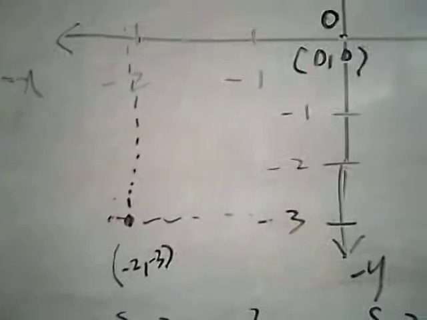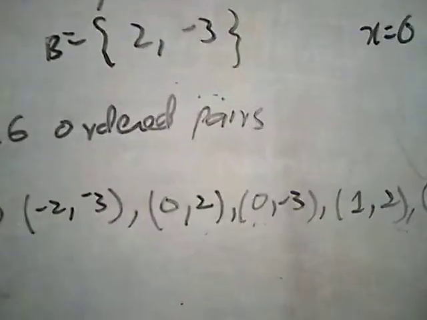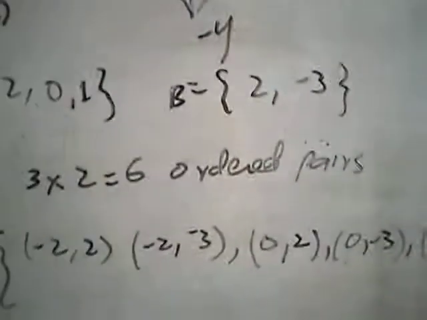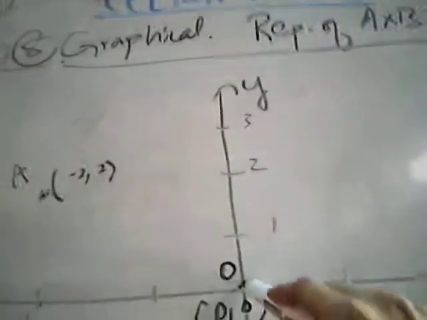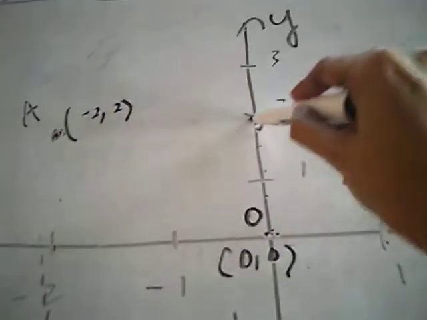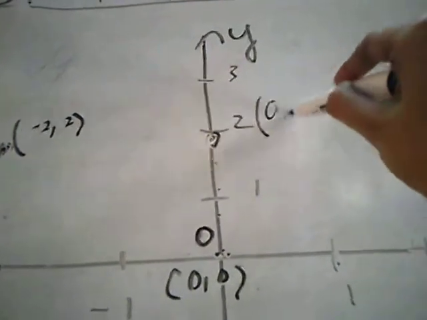This is another ordered pair. Another ordered pair is 0 and 2, that is, the value of x is 0 at the origin and the y value is 2, moving 2 units above. This point is x is 0, y is positive 2.